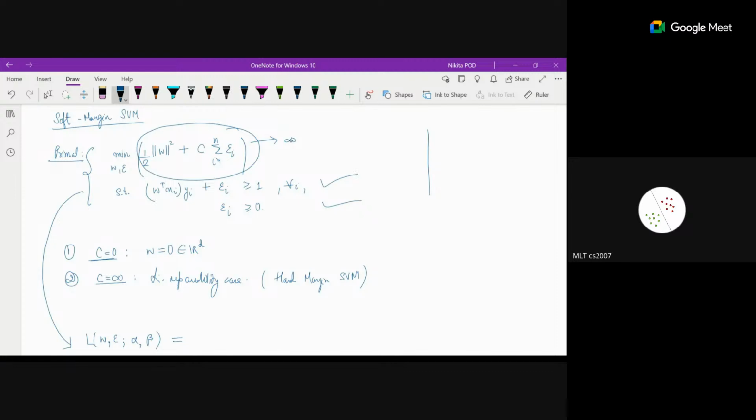Since you want to minimize this, the only way you can minimize it is when my epsilon i's are zero, and this will be zero only if the data points are classified correctly, and that will only happen when the data points can be separated linearly. That was exactly the hard margin SVM that we had seen in week 10.